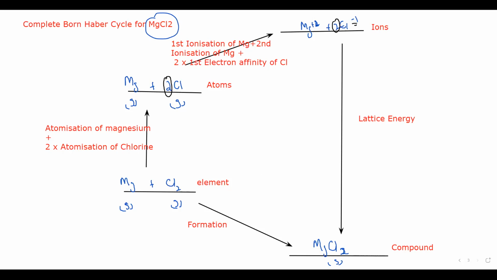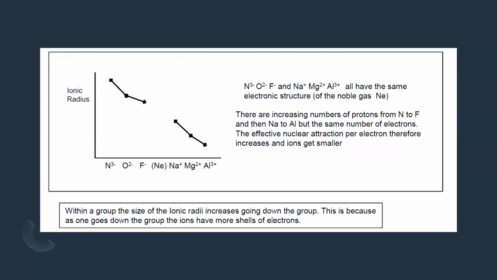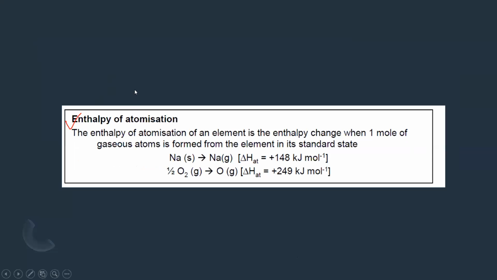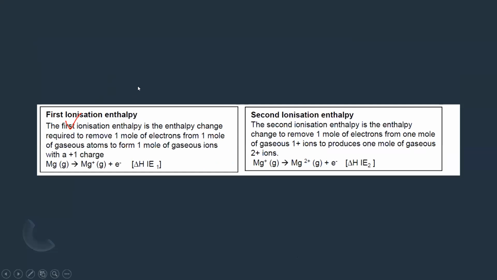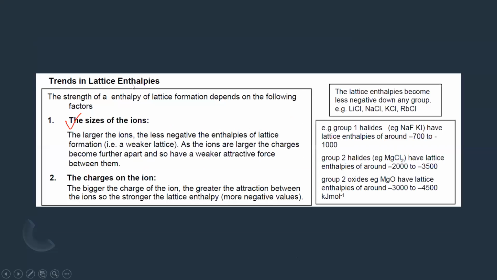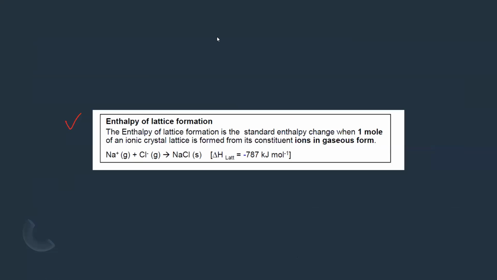In the next session, we will do more examples related to lattice energy. For now, I want everyone to memorize these definitions: the enthalpy change of formation, the enthalpy of atomization, first and second ionization, first and second electron affinity, and the enthalpy of lattice energy.